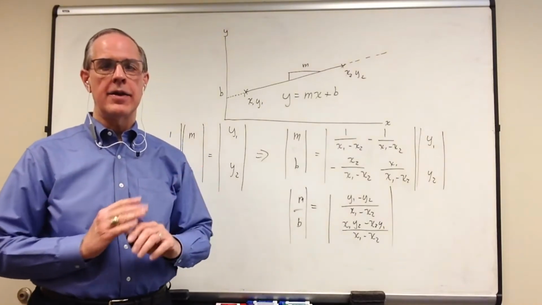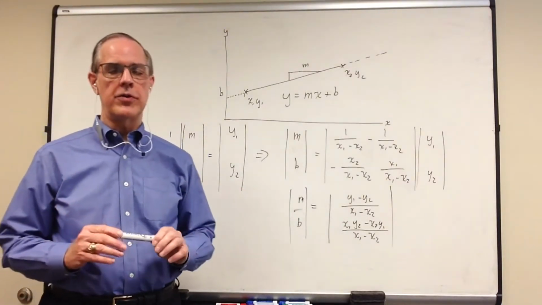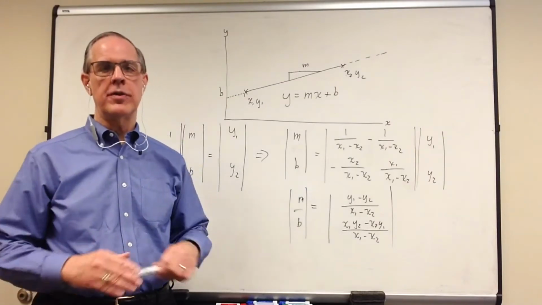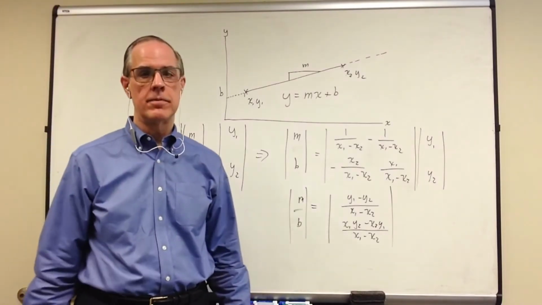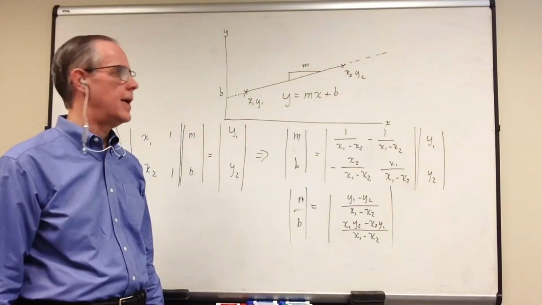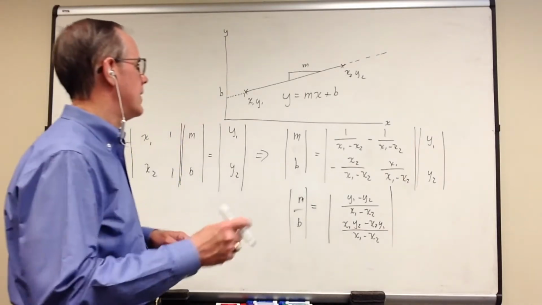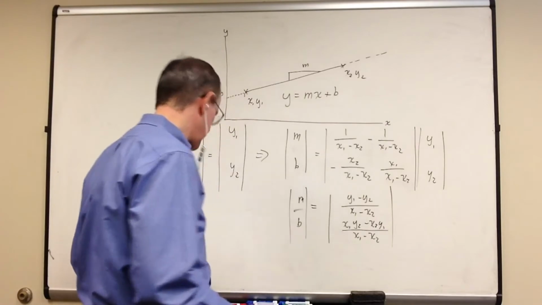So that is basically linear interpolation. I know, for those of you who are into Lagrange interpolation, there's a little different approach, but basically the results are the same with 2 points.